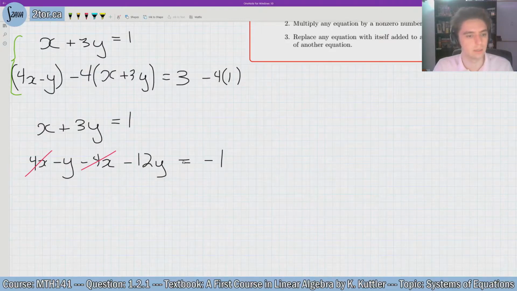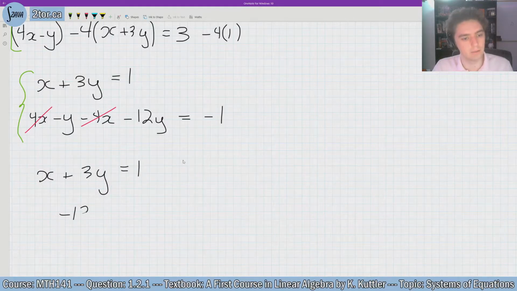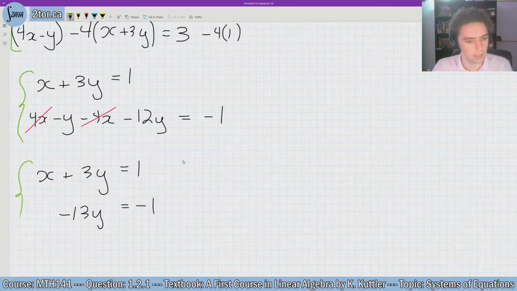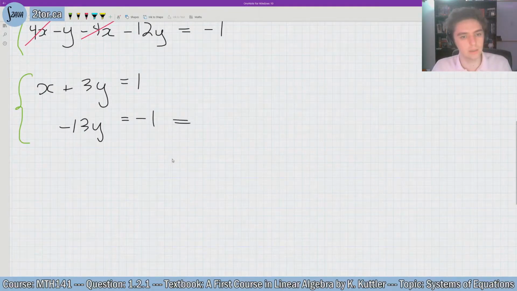So the top stays the same, x plus 3y equals 1, and our next equation is negative 13y equals negative 1. And look at that. This last equation tells us that y equals 1/13.